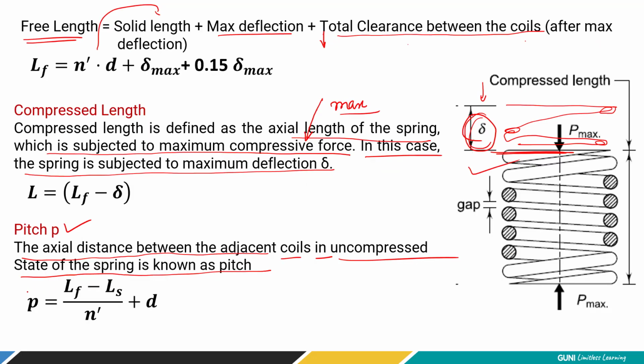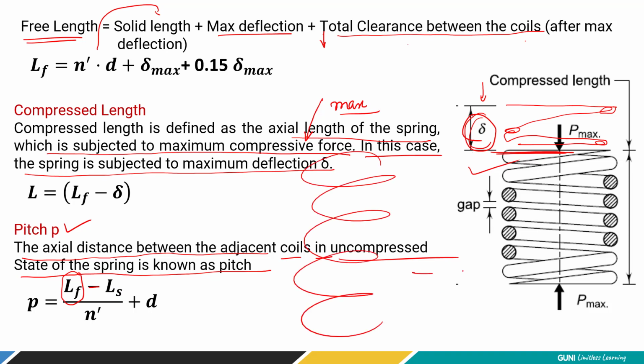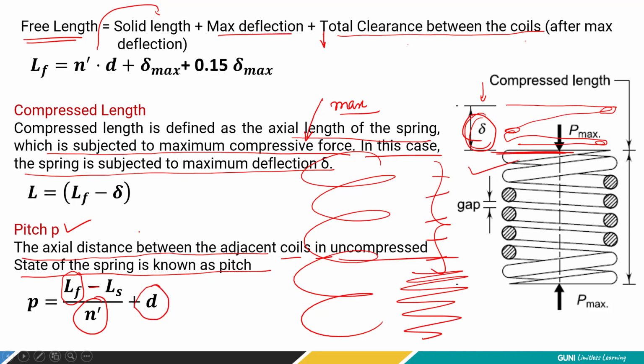So how can you find it? Very simple. Pitch is simply free length minus solid length, right? What is left is this much distance, divided by the number of turns. So we are going to have a uniform distance, plus wire diameter d. Why wire diameter d? Because this is the last coil and this is the top coil, right?